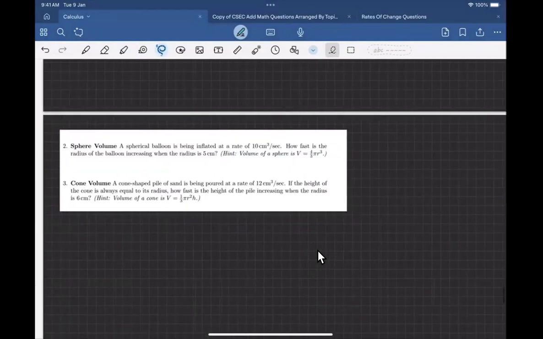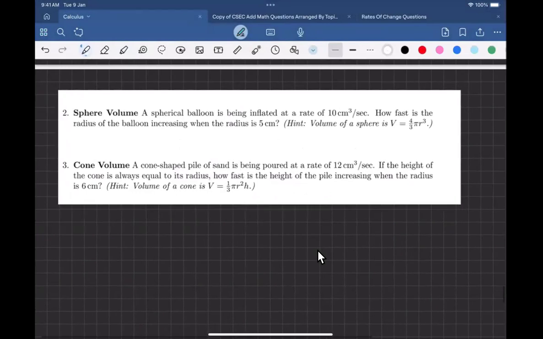The question says the spherical balloon is being inflated at a rate of 10 centimeters cubed per second. So the first rate of change is dV over dt, which is equal to 10 centimeters cubed per second.